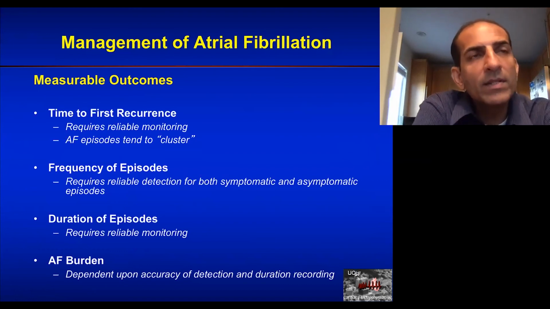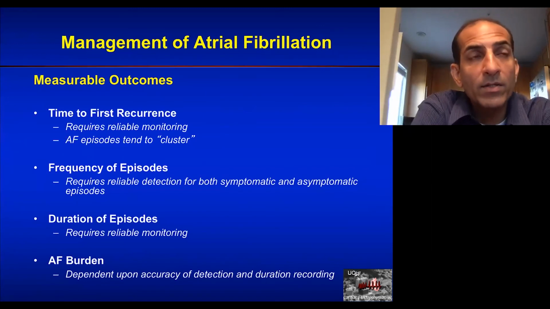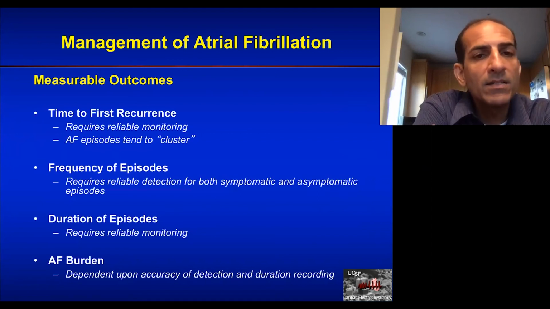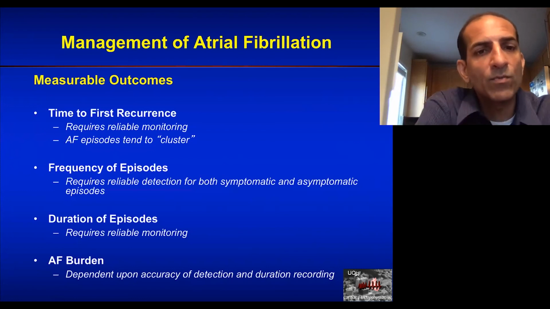So that's a common thing that I see many times when I treat these patients and send them back to their primary care providers, and they have an episode of atrial fibrillation. They call me back and say the therapy failed. I tell them the therapy did not fail. It has decreased the incidence and it has decreased the burden of atrial fibrillation in the patient.